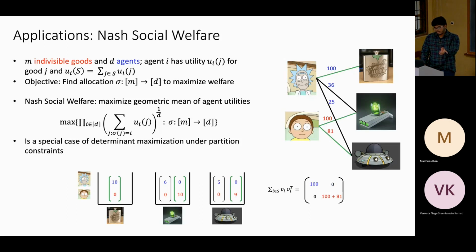And once you take the outer product and add them all up, each coordinate corresponds to an agent. So the first coordinate is Rick here and the second coordinate is Morty. And I choose the vectors smartly so that once I take the outer product and add the sum, the first coordinate will have the total utility of the first agent, and likewise the second.